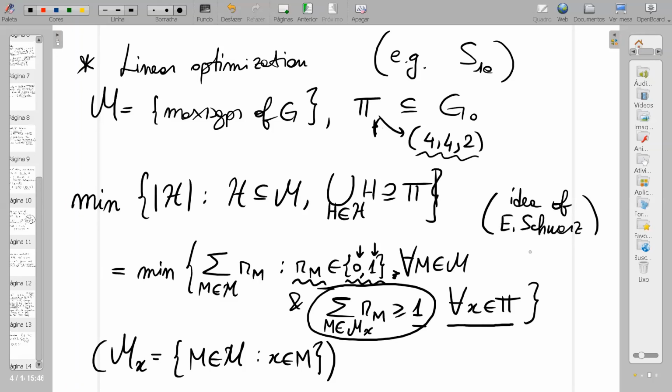In general, this is an idea that he used many times to compute such things. And it's interesting because even if the groups are large, like S10, which is a very large group, by using not very strong computers, this minimal number can be calculated.